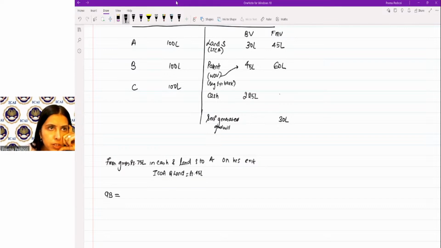How 55, 30? No. Okay. So what is the land's FMV? 45 lakh. What is the index cost? 45 lakh. So 9B is 0. Simple.